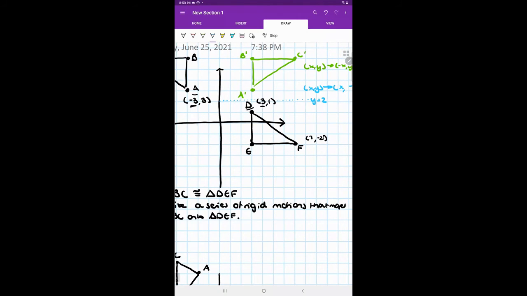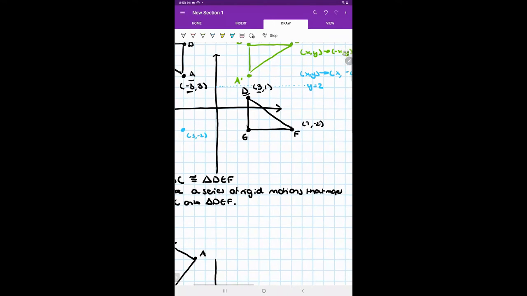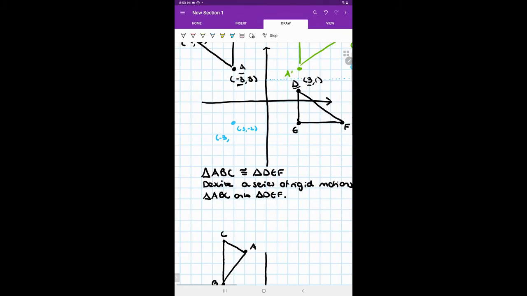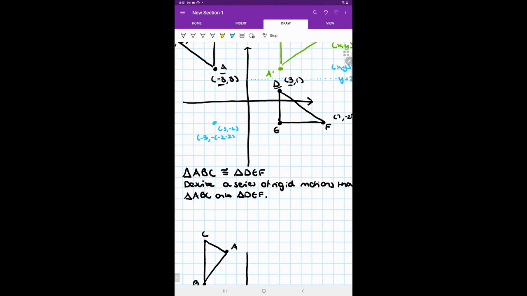Let me just check that that works as I wanted it. Let me try this point, (-3, -2). With the transformation that I just described, it would be (-3, -(-2 - 2) + 2), which is (-3, 4 + 2), which is (-3, 6).